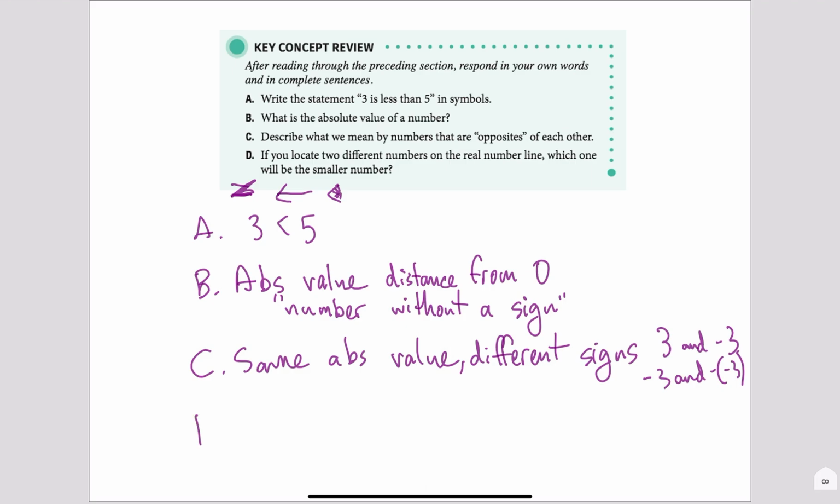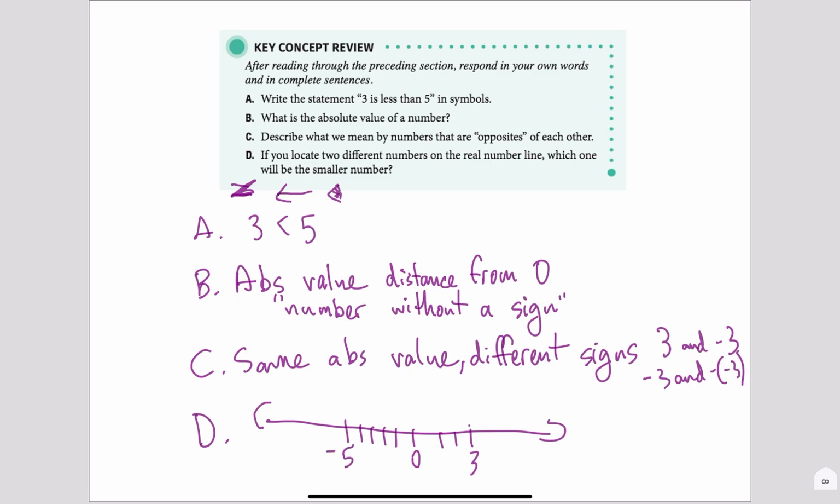Okay. Part D. If you locate two different numbers on the real number line, which one will be the smaller number? There's 3. There's -5.